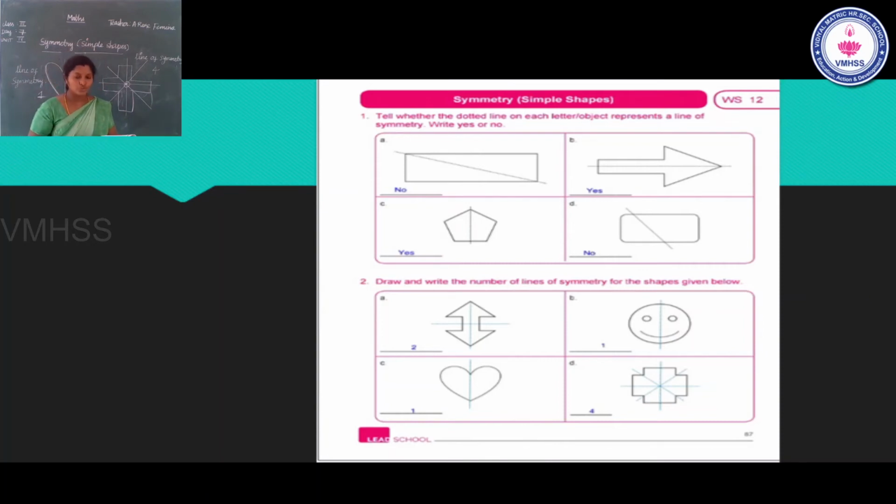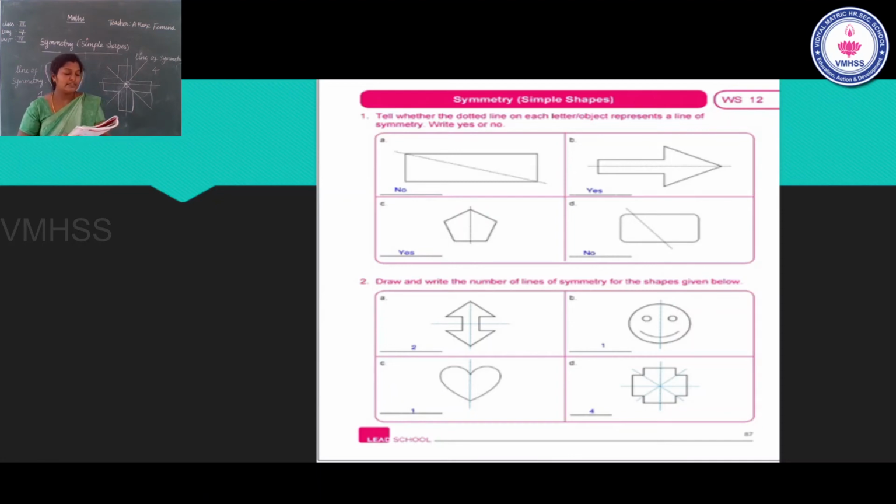First one, 2. Second one, 1. Third one, 1. So fourth picture, the line of symmetry is 4.